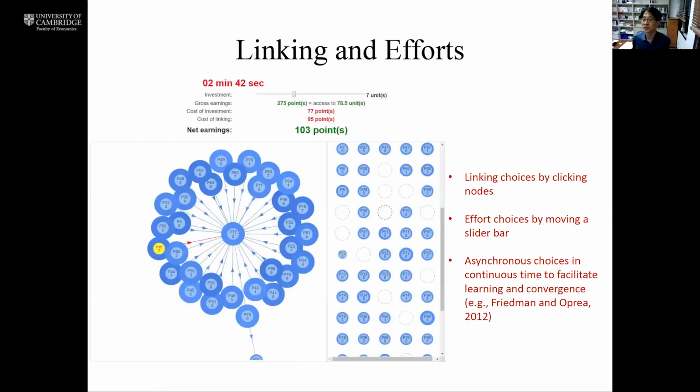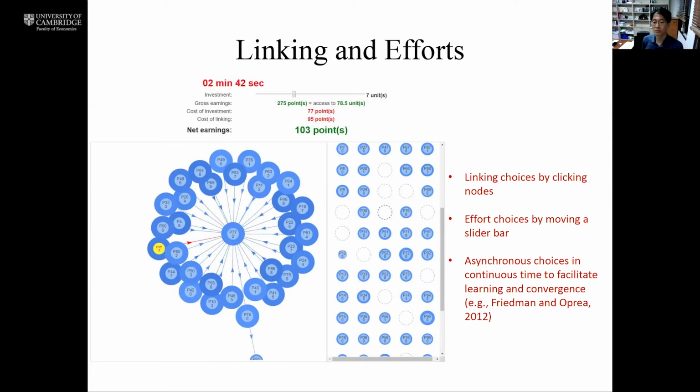The second feature is that making linking choices, and any choices about the associated activity, on our platform is very easy. For example, this is a sample screen from one of the experiments that we have conducted.